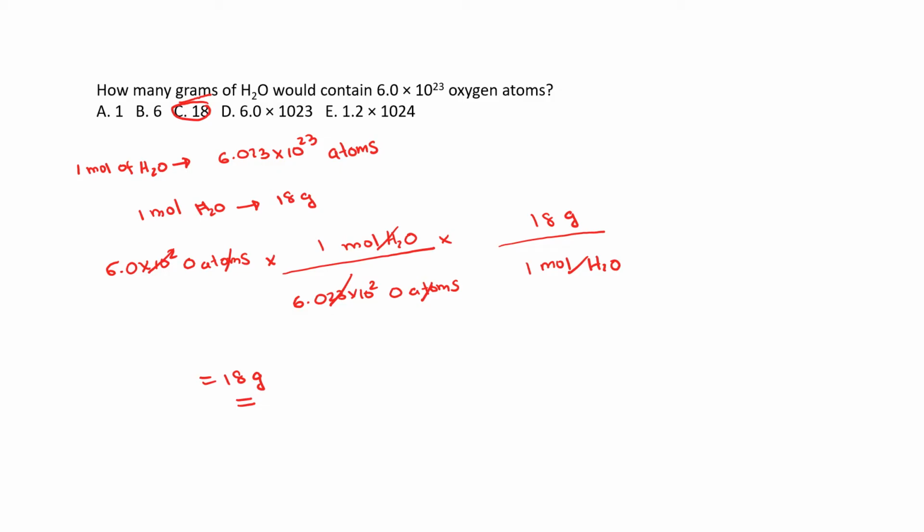So the atoms cancel out, this is 1 to 1, and the 10 to the 23 cancels out. What you are going to end up with is 18 grams. The answer is C.